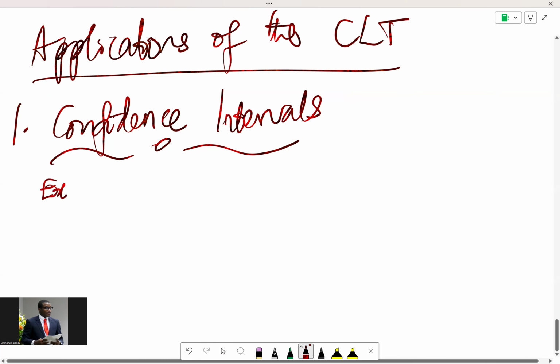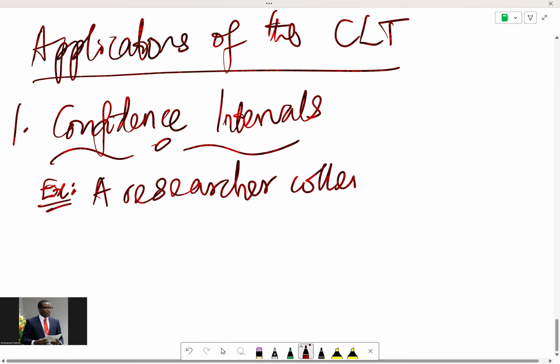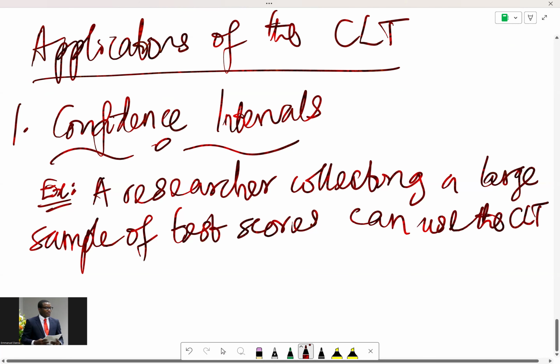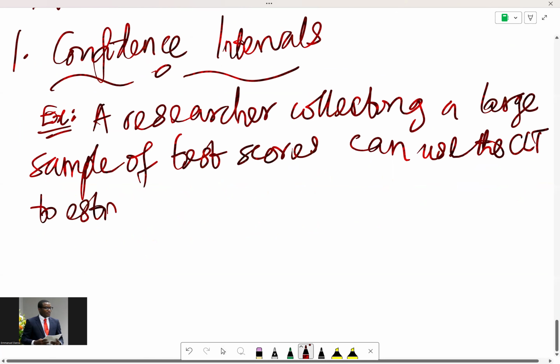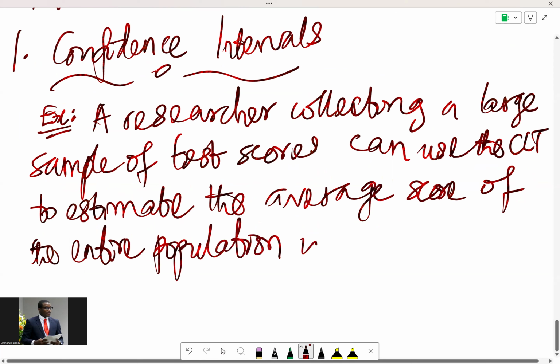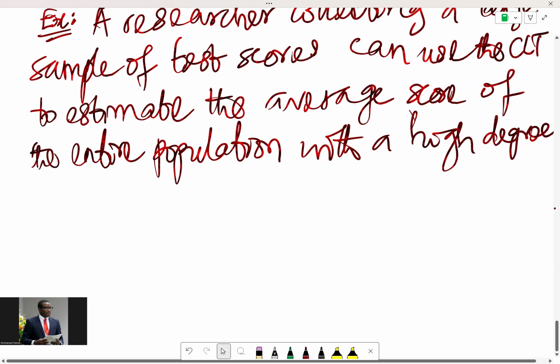A good example is a researcher collecting a large sample of test scores who can use the CLT to estimate the average score of the entire population with a high degree of confidence. That's confidence intervals.